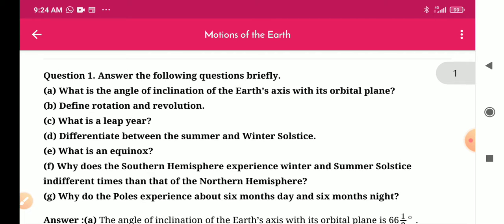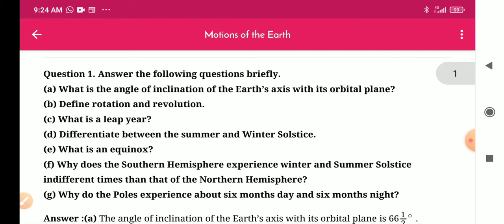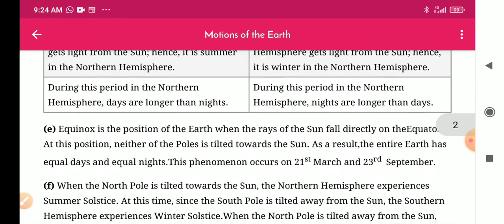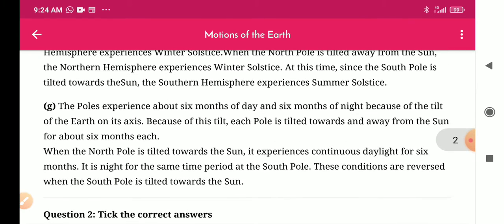G. Why do the poles experience about 6-month day and 6-month night? Answer: The poles experience about 6 months of day and 6 months of night because of the tilt of the Earth on its axis. Because of this tilt, each pole is tilted towards and away from the Sun for about 6 months each.